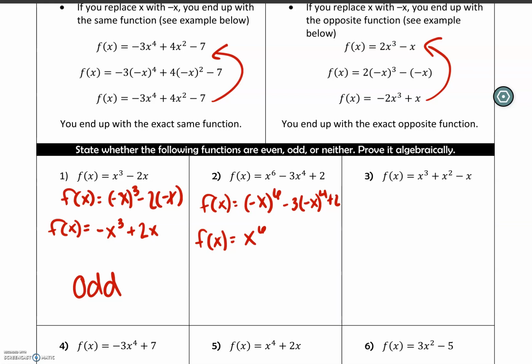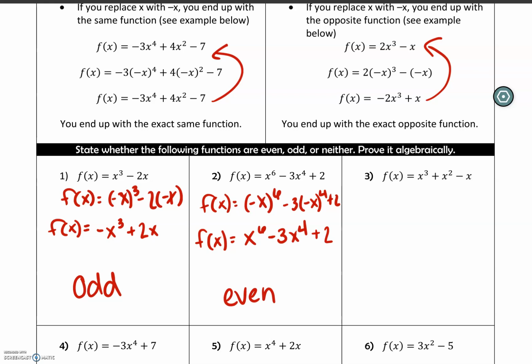Negative x to the power of 4 would result in a positive x to the power of 4, and times negative 3 would leave us with negative 3x to the 4th, and there's nothing being multiplied to 2, so it stays as 2. If we take a look at our original function, which was f of x equals x to the power of 6 minus 3x to the power of 4 plus 2, our resulting equation is exactly the same, therefore it is an even function.